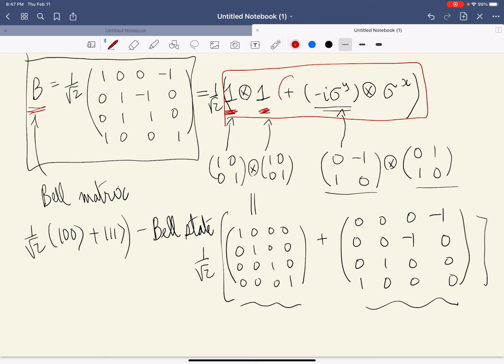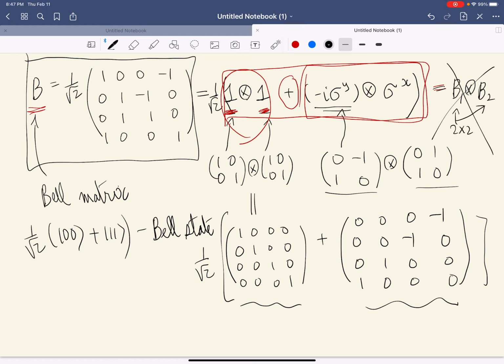It's a sum of two different tensor products of submatrices. And no matter how much you try to be clever, there's no way to simplify this decomposition any further into a tensor product of some 2 by 2 matrices like that.